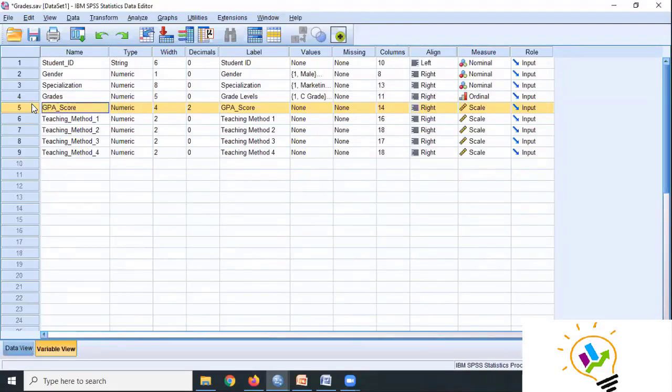I create a null hypothesis stating that there is no significant difference between male and female towards the GPS score. So the null hypothesis always says there is no significant difference, right, madam? Yes, sir. Right. Now, with a null hypothesis, we are going to accept it or reject it.